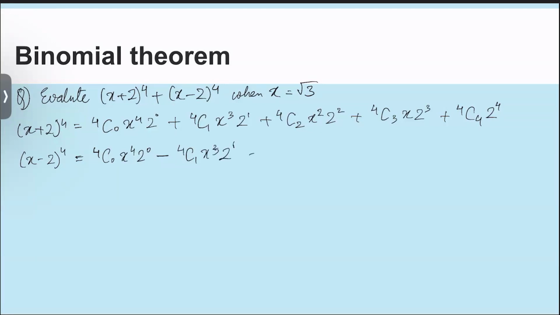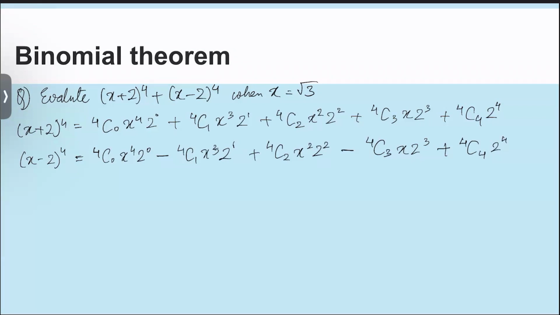The terms will be the same, only the sign will change in alternate fashion. So you have 4C2 x^2 2^2, minus 4C3 x^3, plus 4C4, and you have 2^4.